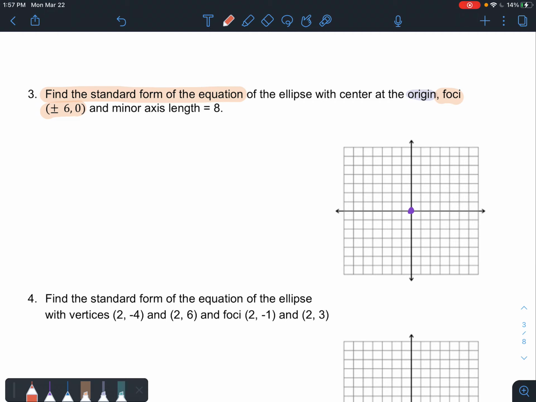So we've got 6, 0 and negative 6, 0. And then the minor axis length, which I had in blue, is 8. So the whole thing is going to be 8. So then top down is going to be 4 and 4 because it splits down the middle. So this whole thing is equal to 8.